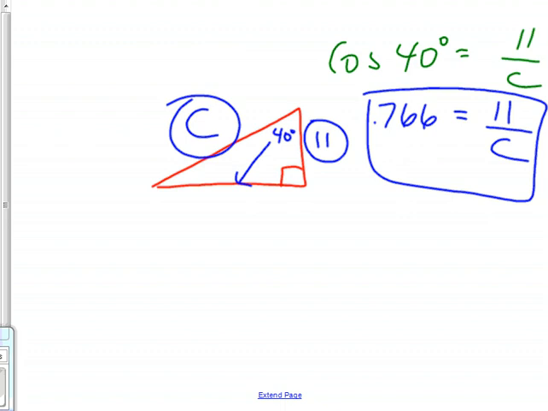So how would you start? Yes, sir. I agree. Multiply both sides by c. Clear that denominator. So we times by c here, and we times by c here, and then these c's cancel. And now it's 0.766c equals 11. And now I just divide by 0.766, and you got your answer. Raise your hand if you have it. Okay, good. So what is 11 divided by 0.766? I can tell you it gets bigger than 11. What's c equal to?